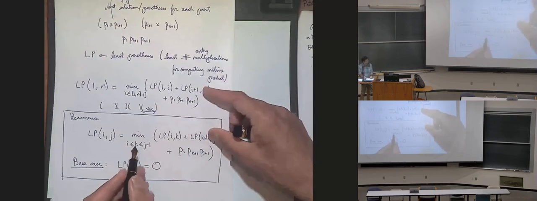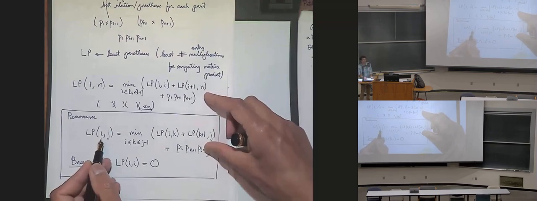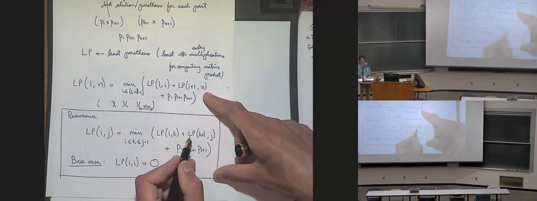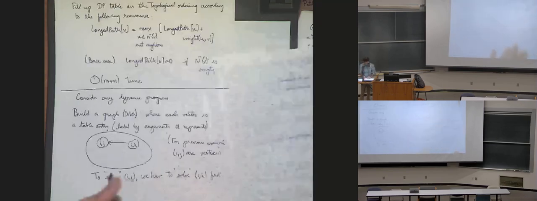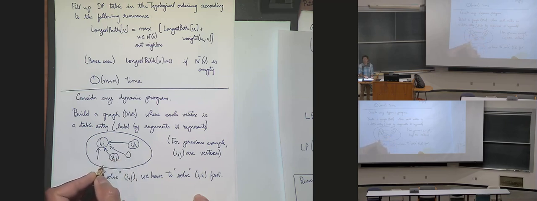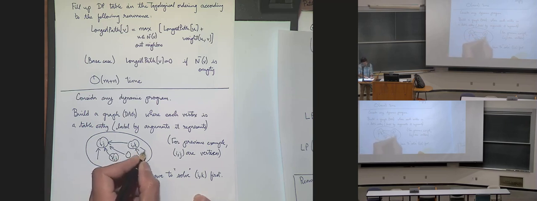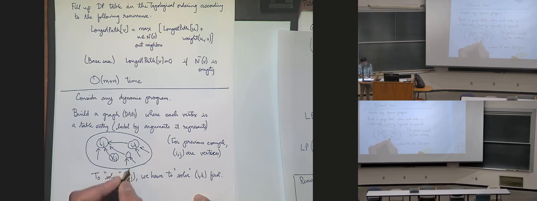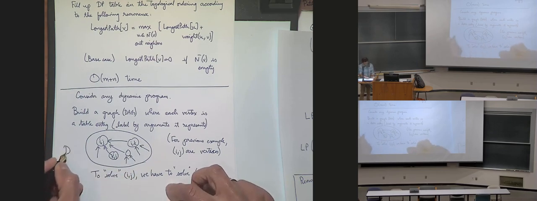It's exactly what this is saying. If you want to get what (i, j) is, you first have to solve all of these. So you do (i, k), and maybe over here you'll get some (k', j). You've got a bunch of things that point to it, and then these have a bunch of things that point to them. This forms a DAG because there are no loops in recursion.